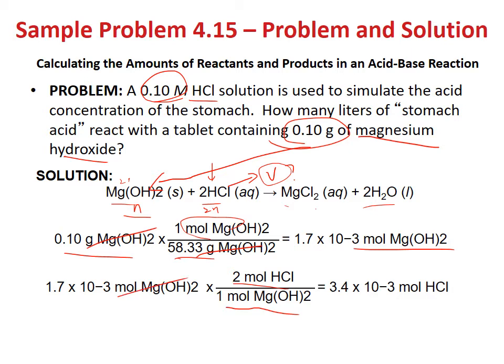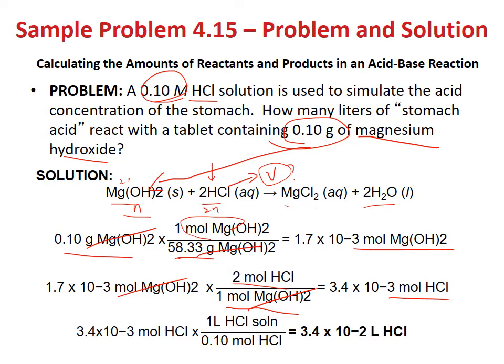Moles of magnesium hydroxide cancel, giving you moles of hydrochloric acid. Next, we use molarity as a conversion factor, written as 0.1 mole per 1 liter. We cancel moles and get volume in liters. So the answer is 3.4 times 10 to the minus 2 liter of hydrochloric acid.